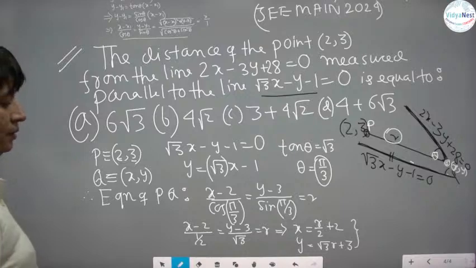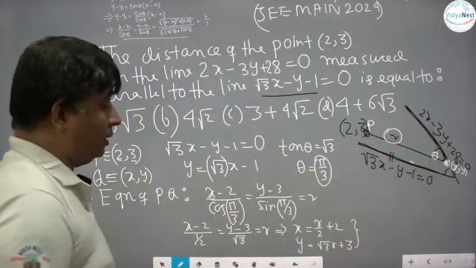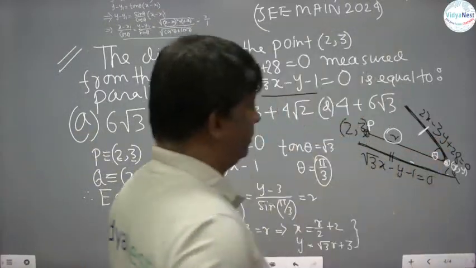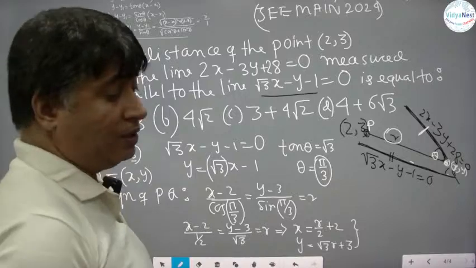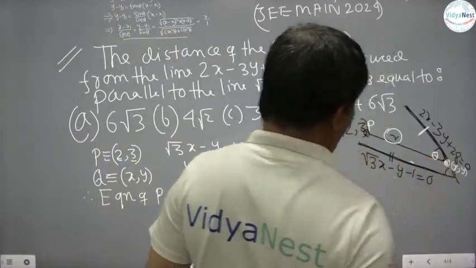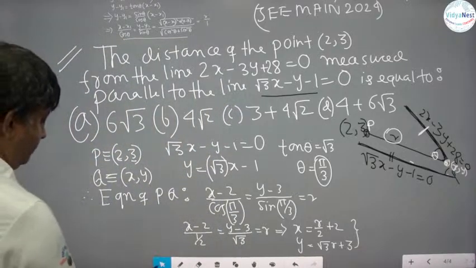x comma y, that is x comma y. Now, where does x comma y lie? On this line. Okay, x comma y lies on the line 2x minus 3y plus 28 is equal to 0.